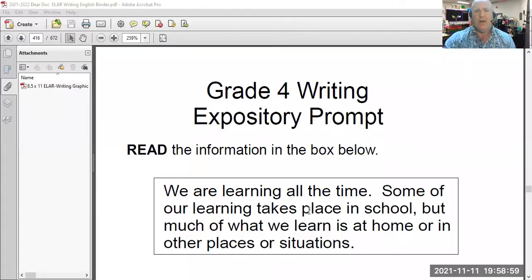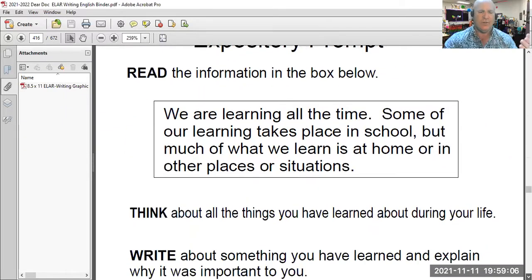So what I want to do is share my screen with you and just remind those of you from Texas, on page 416 of my binder, I have about 20 pages of expository prompts.